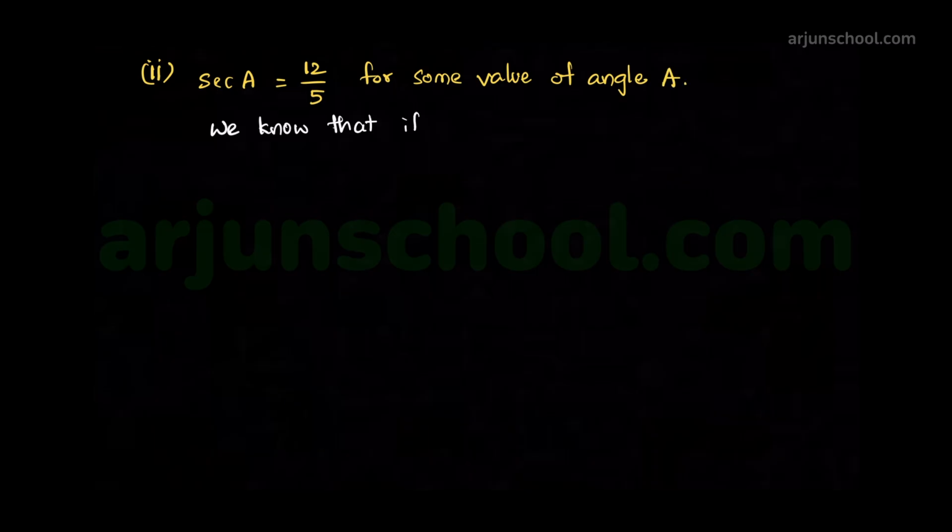Second problem. Secant A is equal to 12 by 5 for some value of angle A. This statement is true because we know that secant A is equal to 1 by cos A. So secant A is equal to 12 by 5 means cos A is equal to 5 by 12.